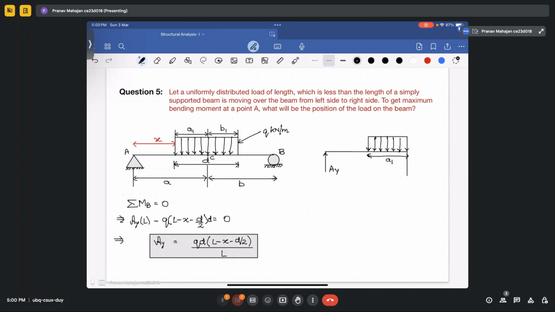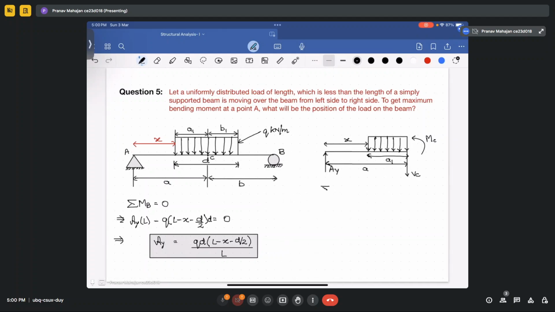Now you are required to calculate the bending moment at point C, which is at a distance of x, and this whole distance is a.